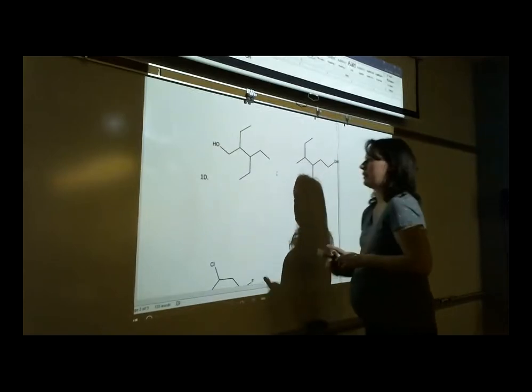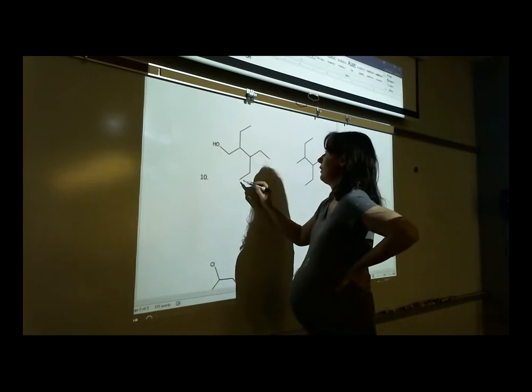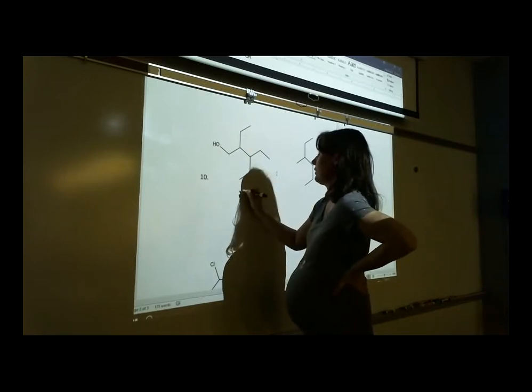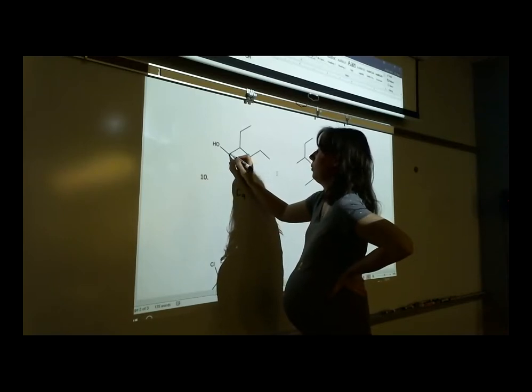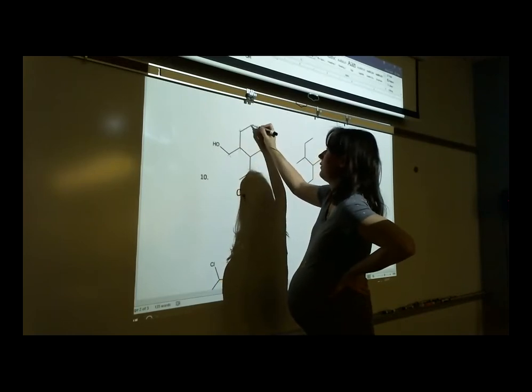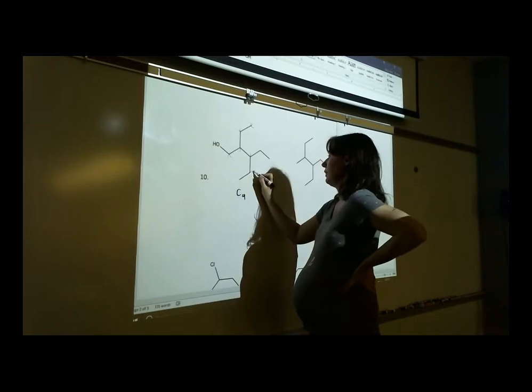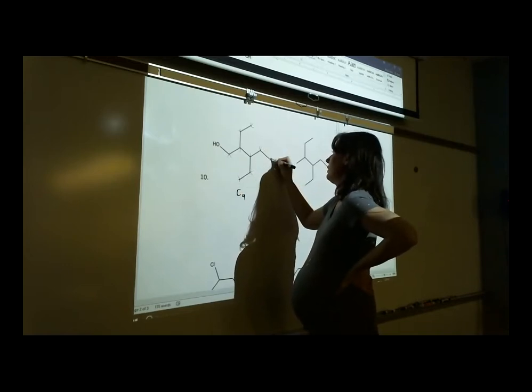Let's go through the process here. Counting the carbons: 1, 2, 3, 4, 5, 6, 7, 8, 9. So that's C9. And then the hydrogens, 1 through 19.